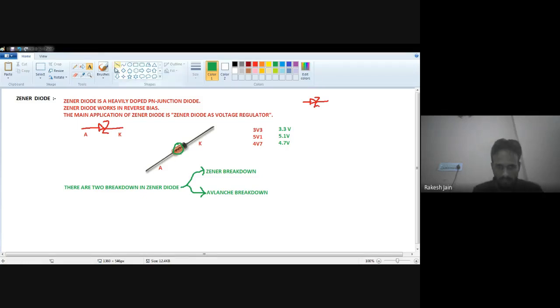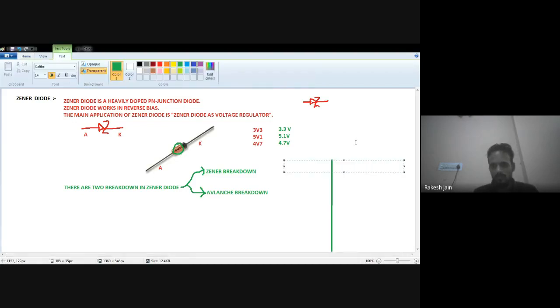If you talk about the difference between these two breakdowns, then we can write it down in a tabular manner. What is the difference between Zener breakdown and Avalanche breakdown?